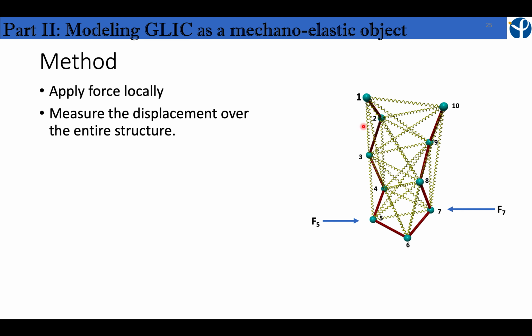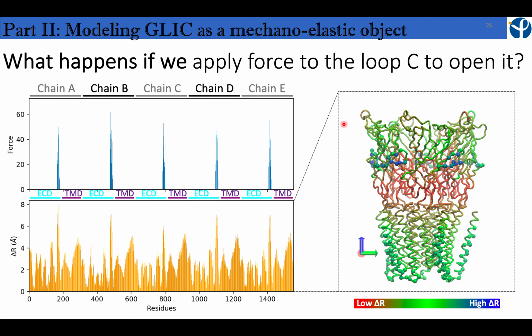In this way, we mimic or model agonist binding and how a local change can propagate to the entire protein. So we measure the displacement for all atoms for the entire structure. That's exactly what we did.